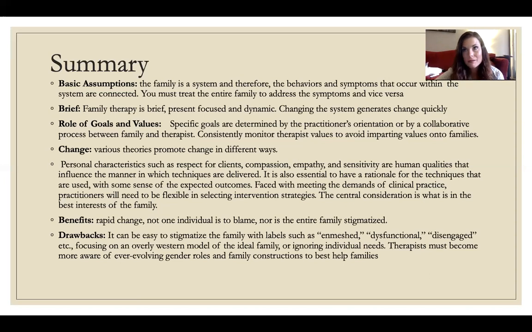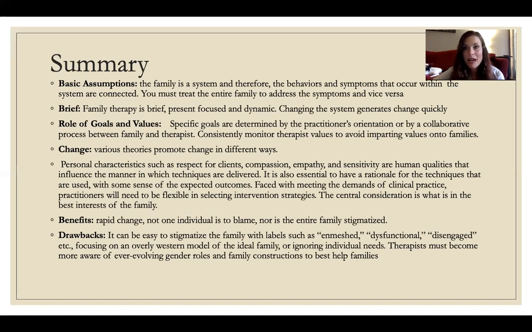There are about as many theories as there are in here, covered in that class. So just know that what I presented just now was very much the tip of the iceberg. Personal characteristics can really be even more important than the theory you choose when working with families.